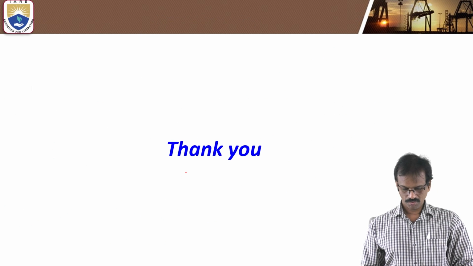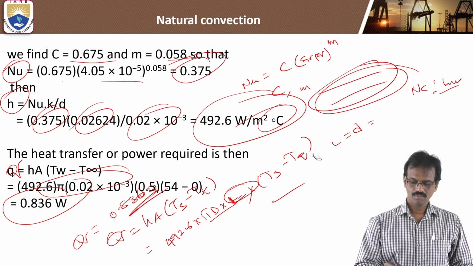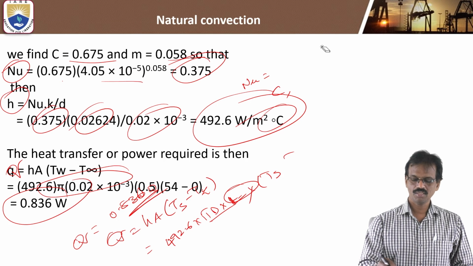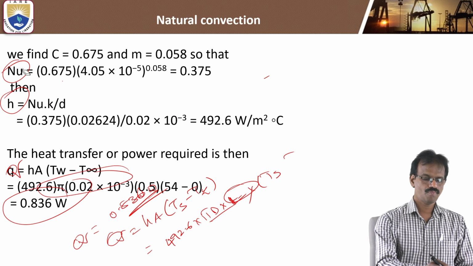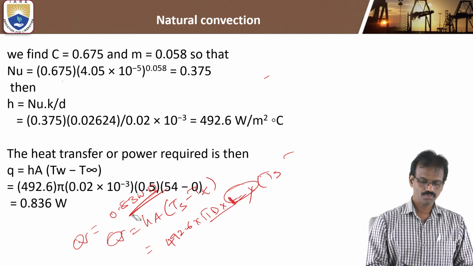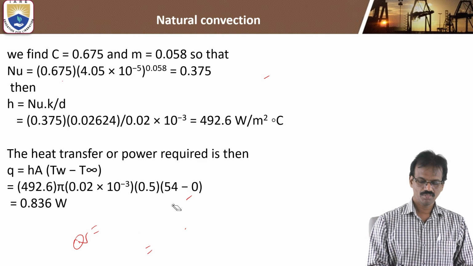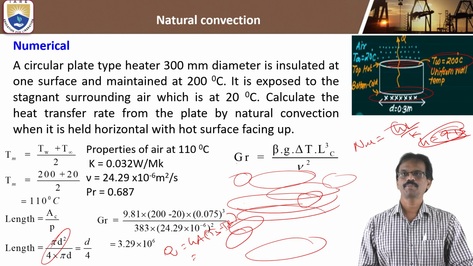In this way, you can solve the numericals. In a similar manner, in forced convection you take the Reynolds number for identification of the flow, either laminar flow or turbulent flow. In natural convection, you take the Grashof number.